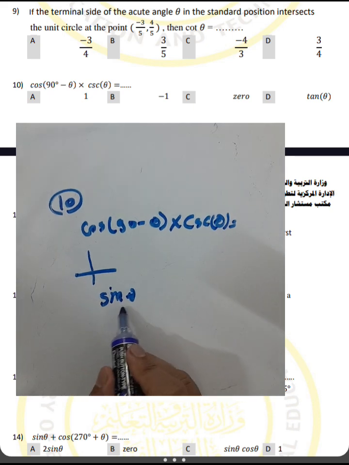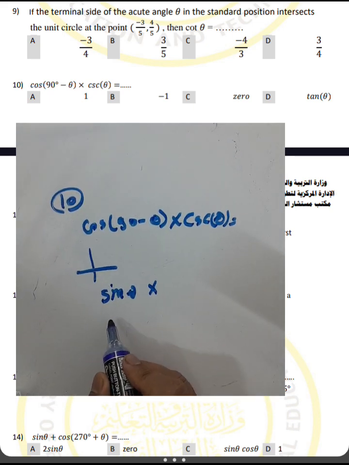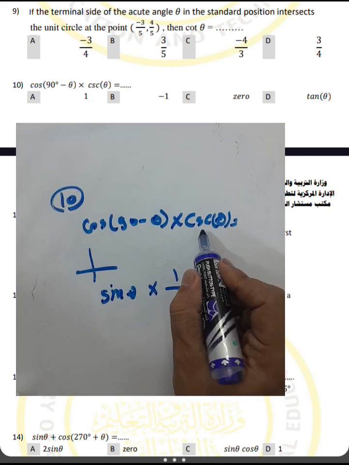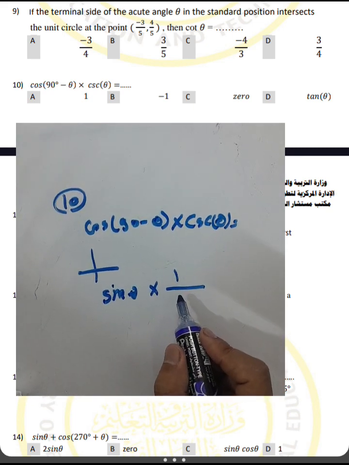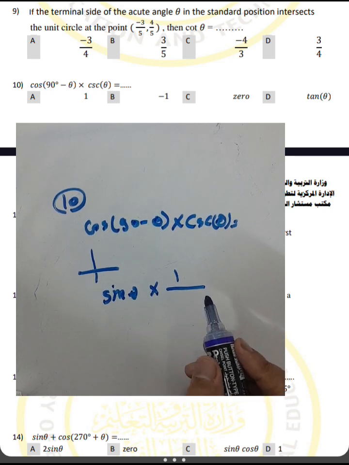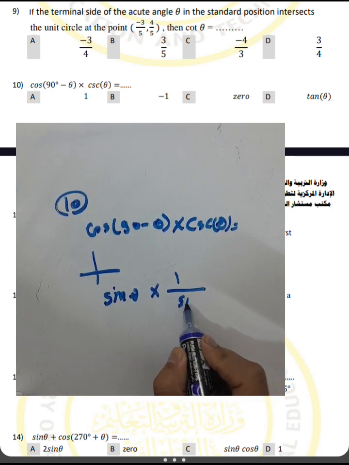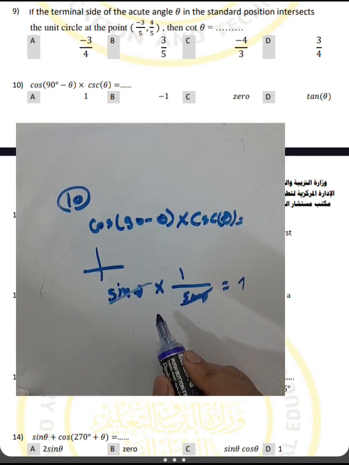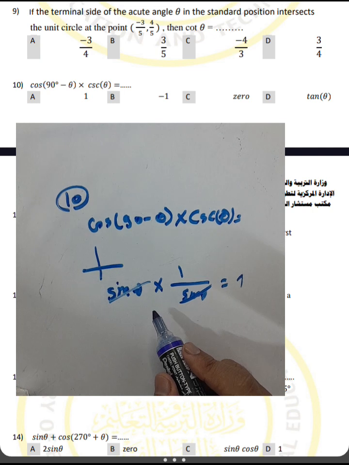Then we write sine theta multiplied by cosec theta. Cosec is the inverse of sine, 1 over sine. Okay, 1 over sine theta. Then the product between them will be 1. Choose letter E for question number 10.